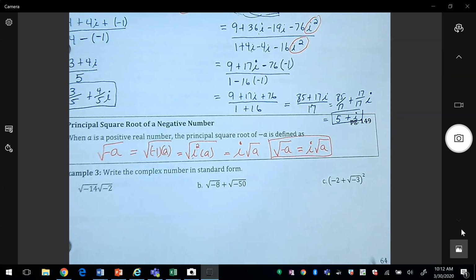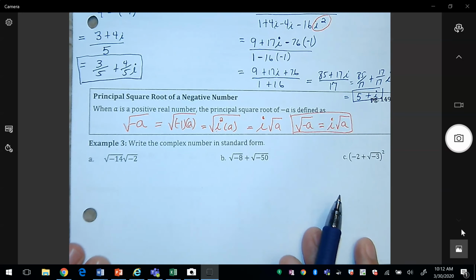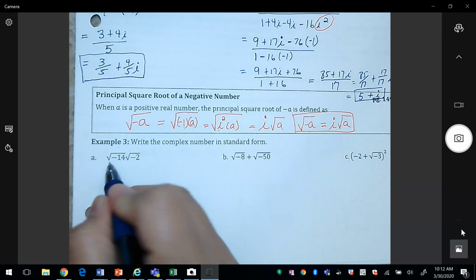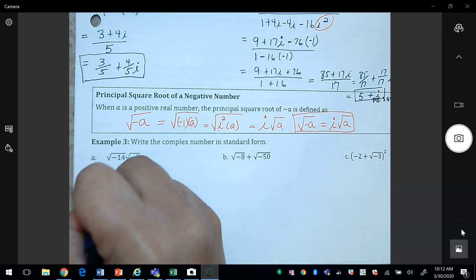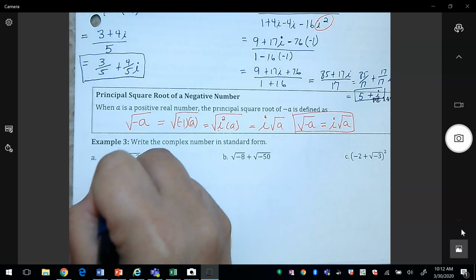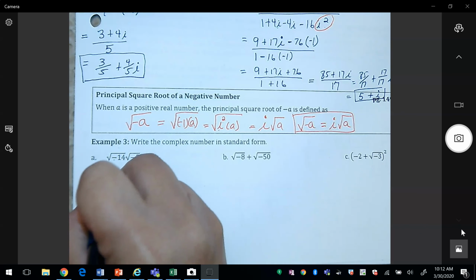So for example, here we can take care of this negative inside of the square root. Since I have a negative inside, I can replace that negative with an i squared, which if you take the square root becomes i.